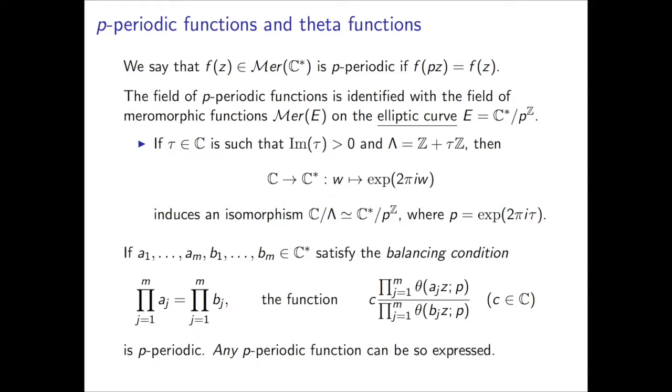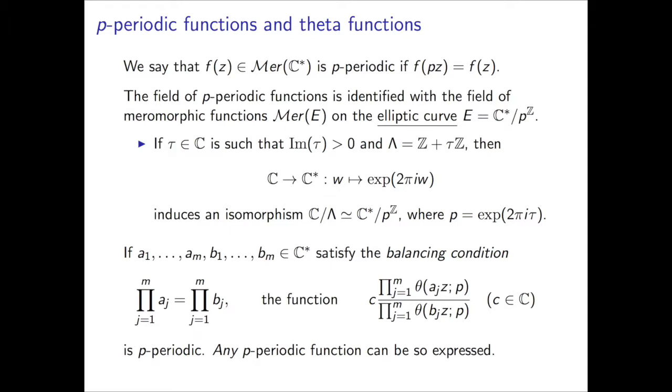A meromorphic function on E is essentially determined by its divisor, together with its value at some point. So when you give me a p-periodic function in this form, I can exactly write down what its zeros and poles are on the curve, with multiplicities. But the theta function itself has zeros on C star at all the integral powers of p.